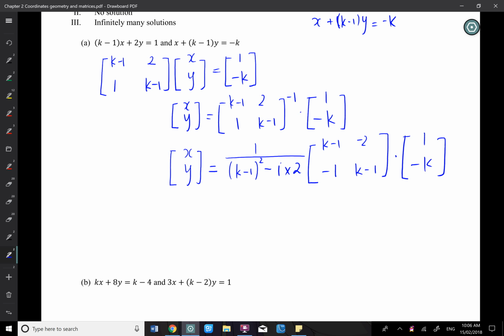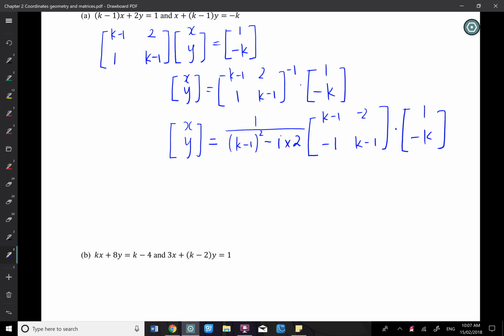If not, there is one place it might go wrong. Where do you think it is? I can always swap those two numbers, nothing wrong. I can always negate the other two numbers, nothing wrong. I can always multiply those two matrices together, row times column, no problem. The only place a problem might occur is this denominator, because I don't know what the k value is.